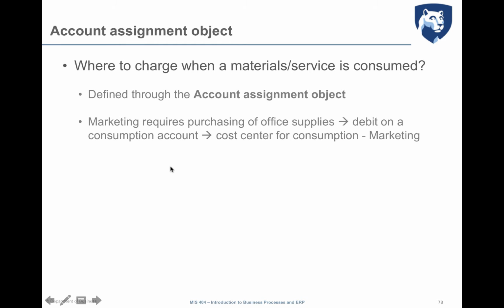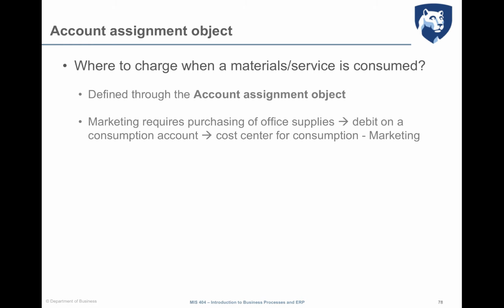Of course, not only direct material exists, like raw material, semi-finished product, trading goods, and stuff like this, but also indirect materials are present in a company. For example, if you remember, we talked about MRO, maintenance, repairs, and operation purchasing.